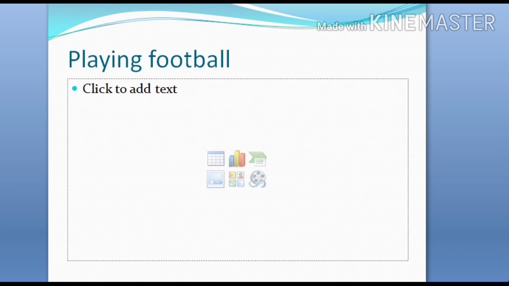Another example, playing football. Whenever you are playing football, you try to change the direction of the ball by applying force. When you kick the ball, the direction of the ball changes. So we can say work has been done.